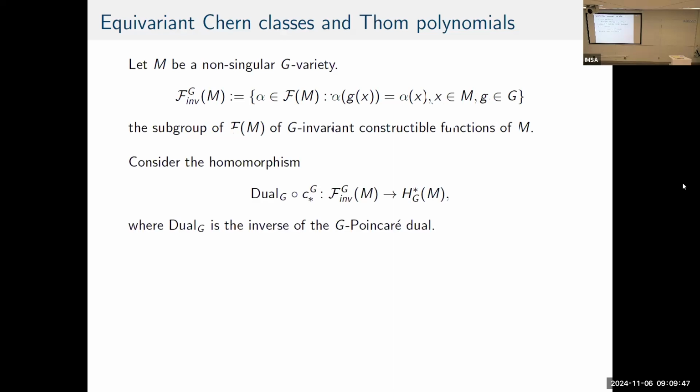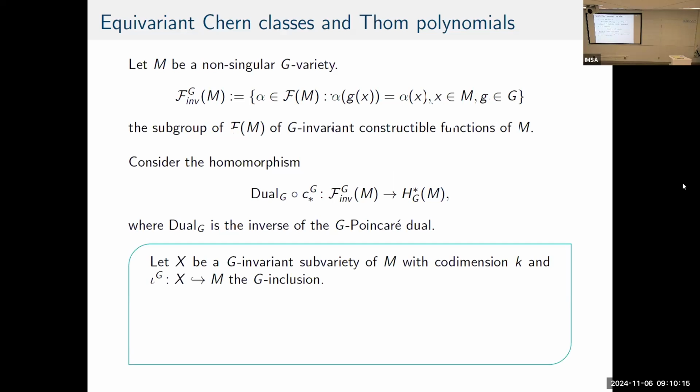And now you can consider the following composition. Take the restriction of the equivariant McPherson transformation to this subgroup, and then instead of seeing this in homology, we can take the inverse of the Poincare dual and go to cohomology. So we have now this transformation on the smooth variety M, and now if you consider the invariant subvariety X included in the smooth variety, we compute the following class.